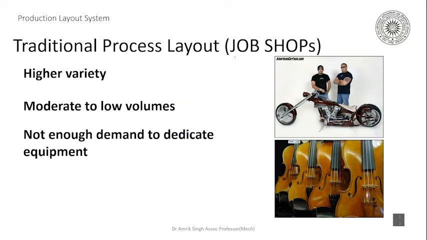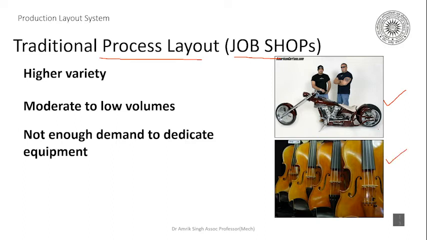So in this falls the job shop types. Traditionally we say our job shop production is in the process type of layout. You see here I have shown a Harley Davidson and a musical instrument.